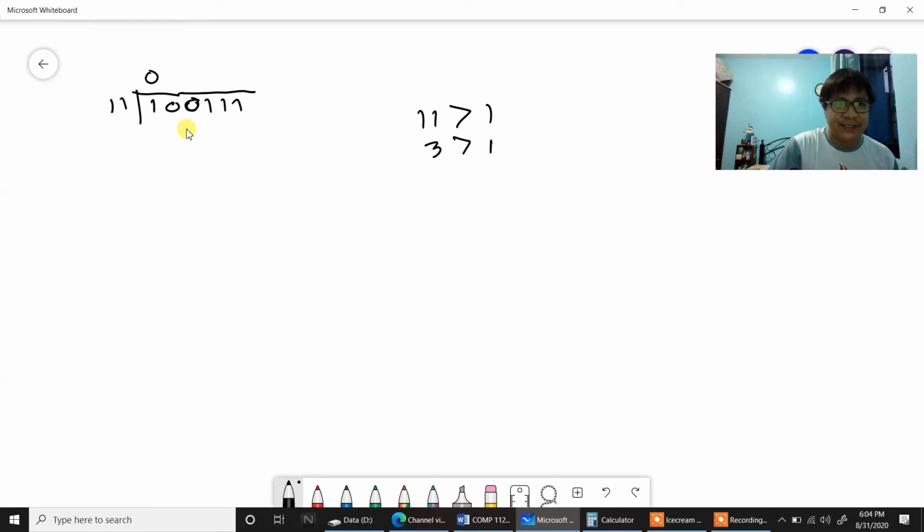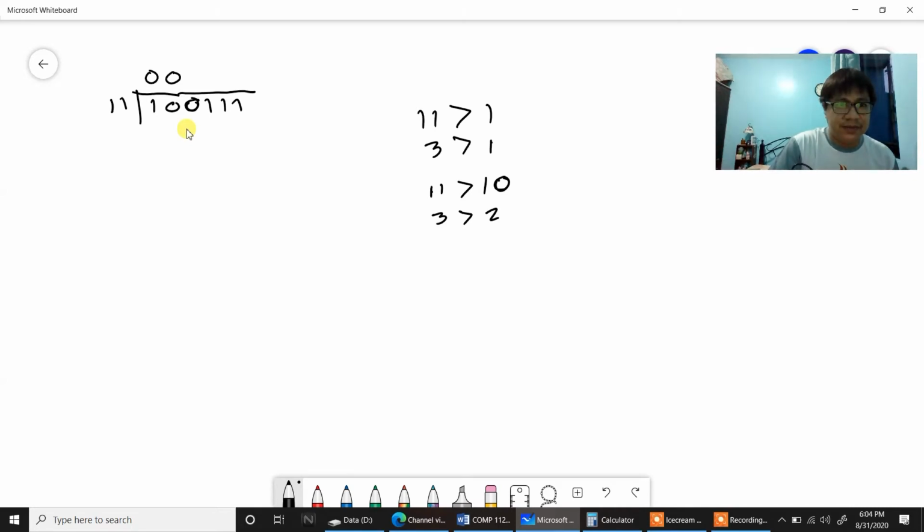Okay, next we will try to solve the 1, 0. Now 1, 1 is still greater than 1, 0 because this 1, 1 is 3 and this one is 2. Okay, it's 2 because 1 has no value, so therefore 0. I mean 1 is not counted but 2 is counted, so that's why 2. So therefore this one is 0.